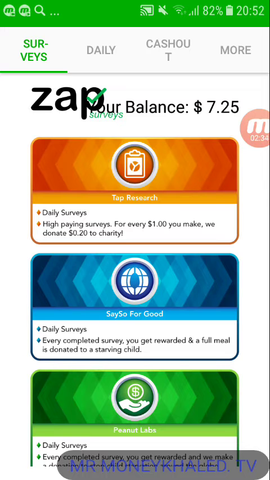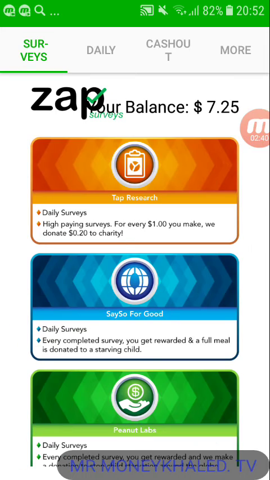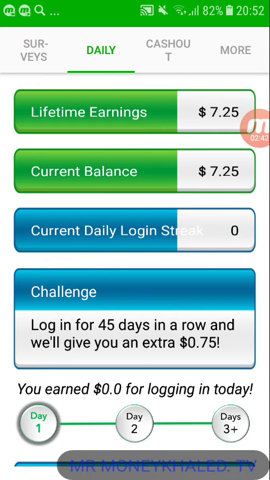So how does this application work? Look at what they say here. For logging in on this application, there is a challenge of logging in for 45 days in a row, and we will give you an extra 75 cents.